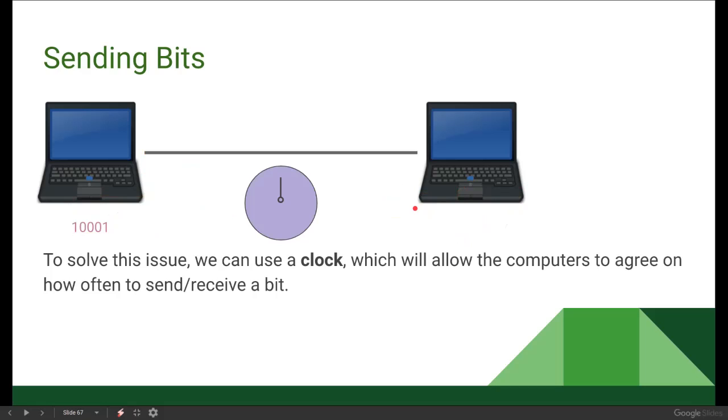So to solve this issue, we're going to introduce a clock to the system. We're going to have the computers agree on how often they want to send and receive bits. So we're going to send a 1, and then in the next second, we're going to send a 0. And then in the next second, the signal didn't change, but a second passed, so we're going to take a 0. Then another second passed, we're going to see another 0.